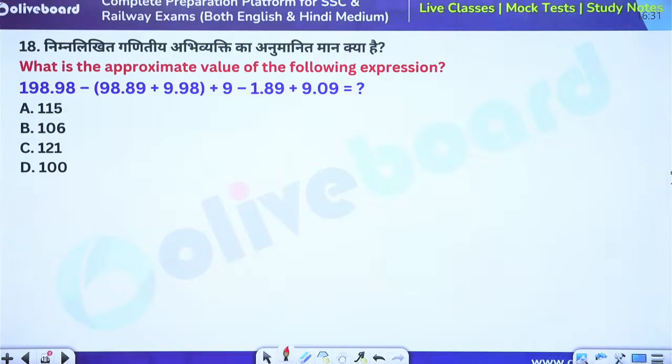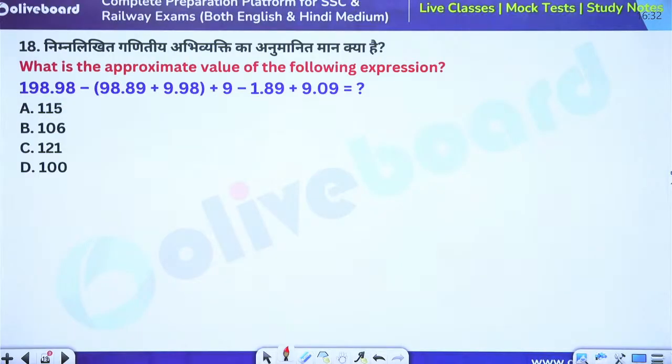What is the approximate value of the following expression? Now there can be 2 approaches to this actually.